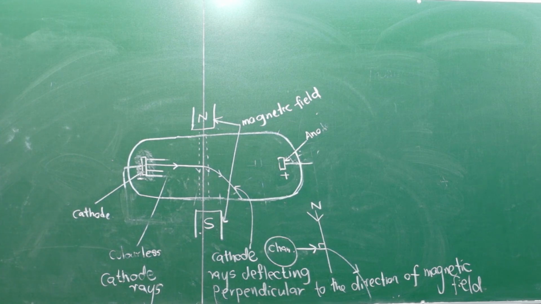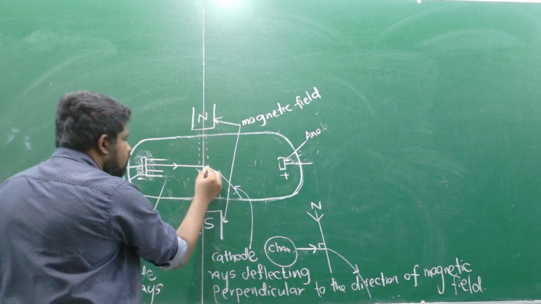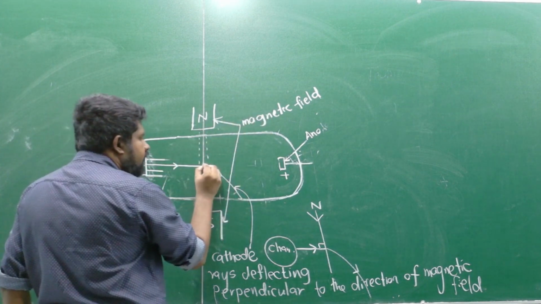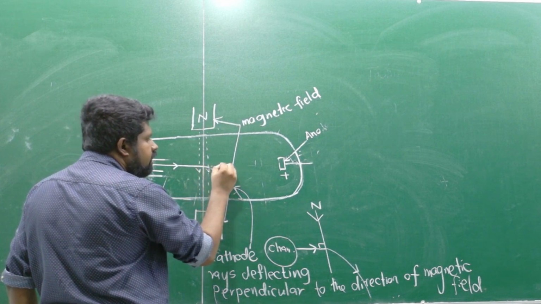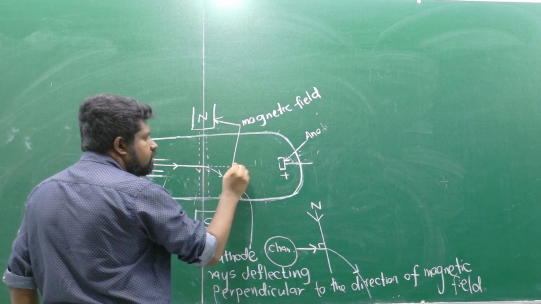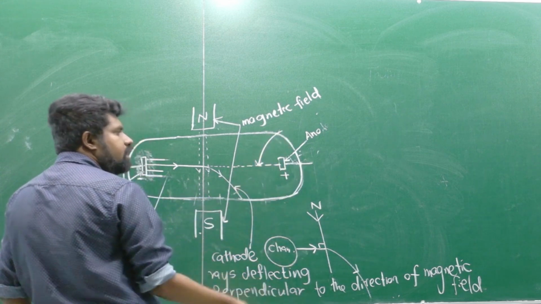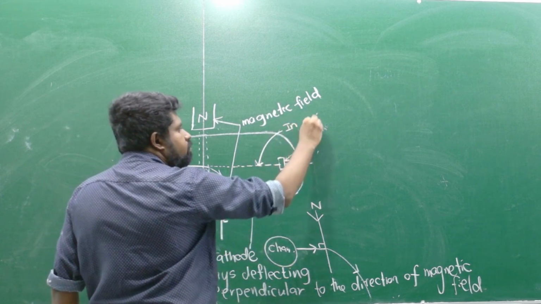If we remove the magnetic field, if we remove the magnetic poles, the cathode rays will move in a straight line pathway as normal. So this is the pathway in absence of magnetic field.